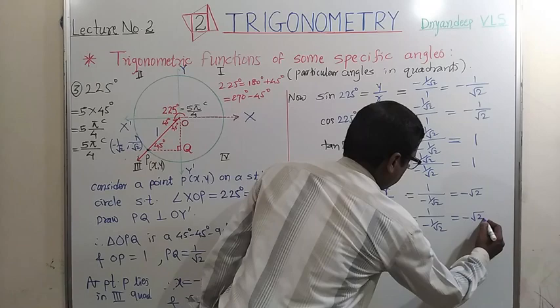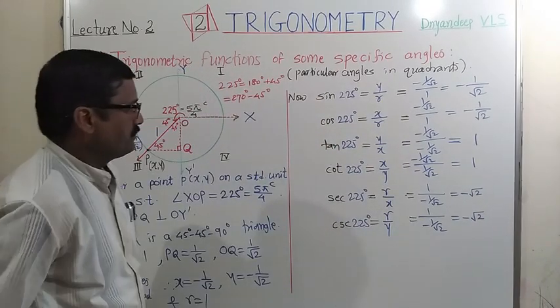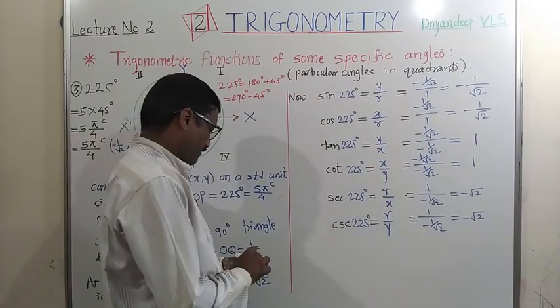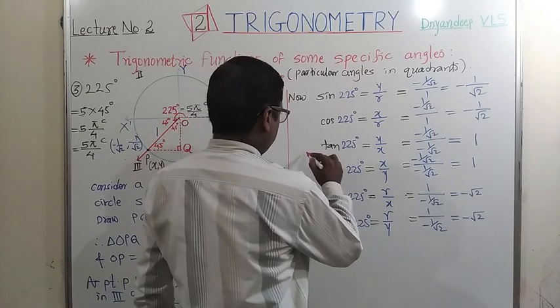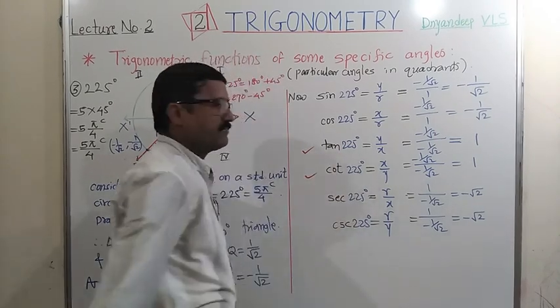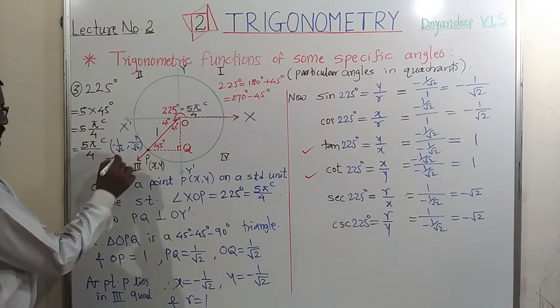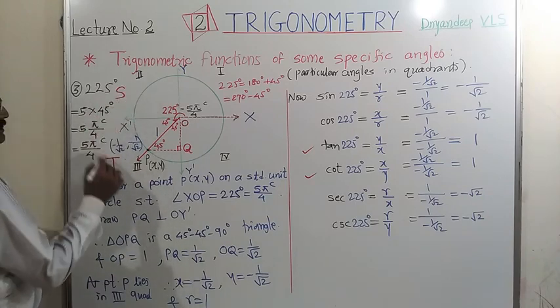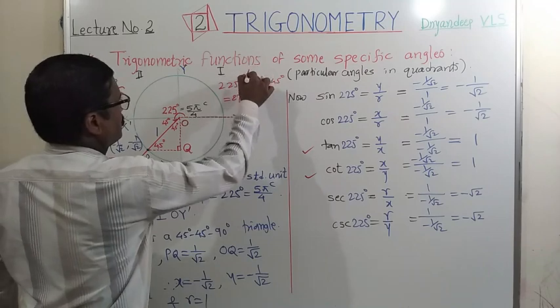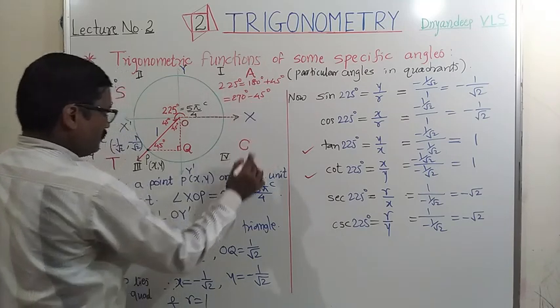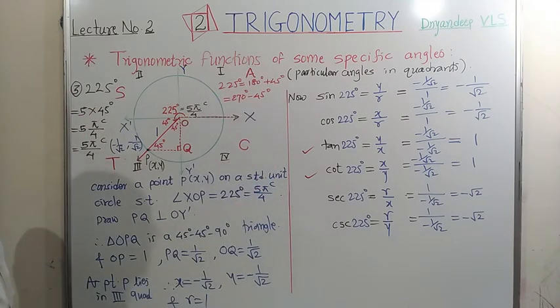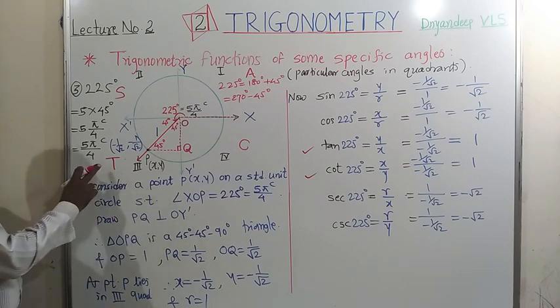So if you observe all these trigonometric ratios, out of them, tan and cot are positive. Why? Because here tan is positive, here sin is positive, here all are positive, and here cos and sec are positive. So tan and cot are positive in the third quadrant.